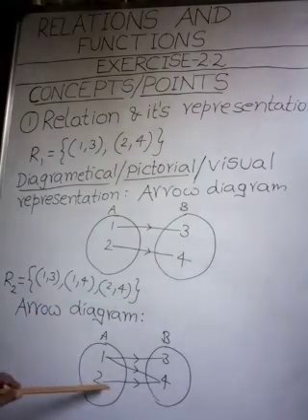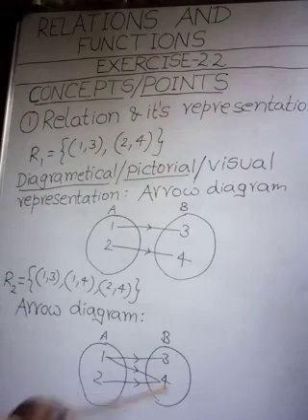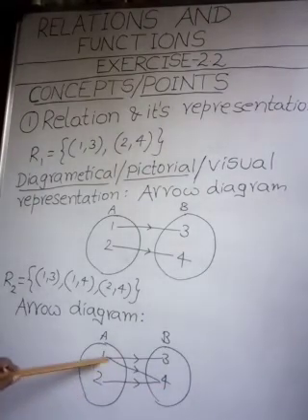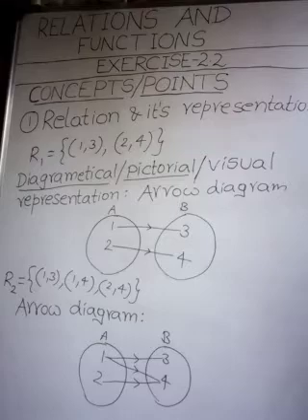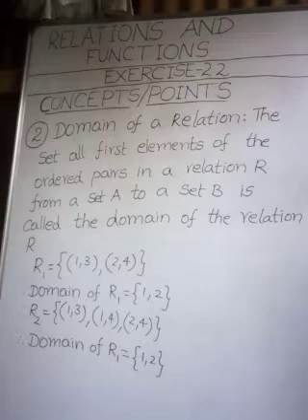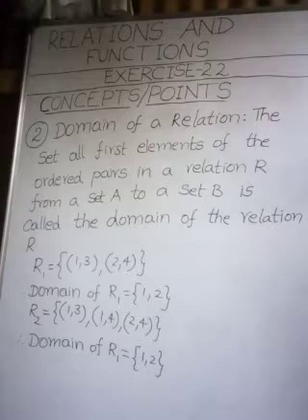So I have drawn an arrow from 2 to 4. For these two elements 1 and 2, 4 is an image. So here the first point is over. I hope you have understood the first point well, my dear children.